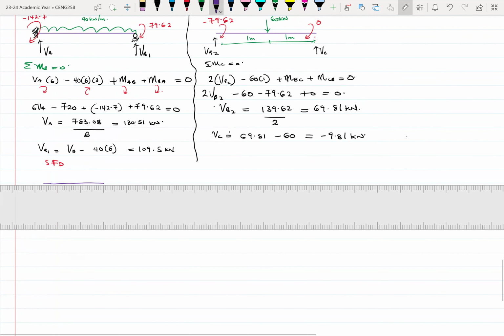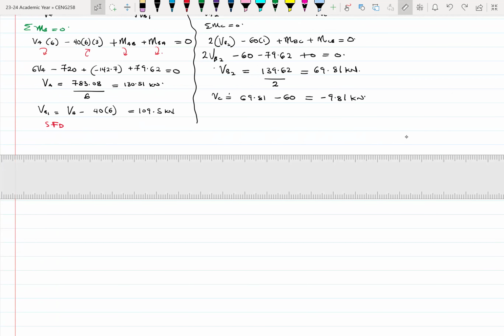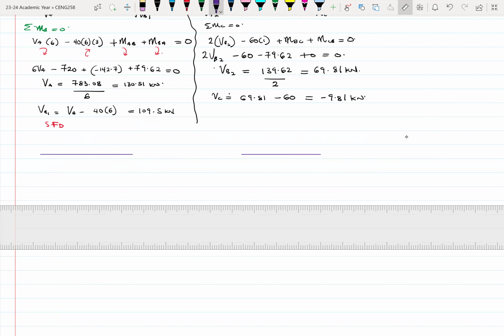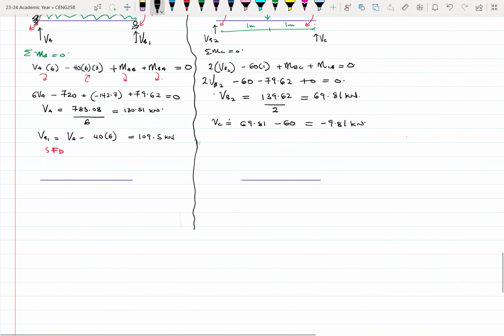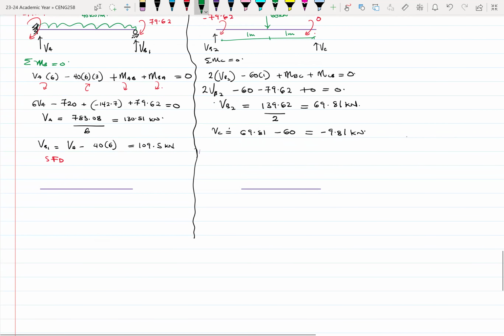So the shear force diagram goes up. V is 130, so it goes up by 130, and it comes down by 109.